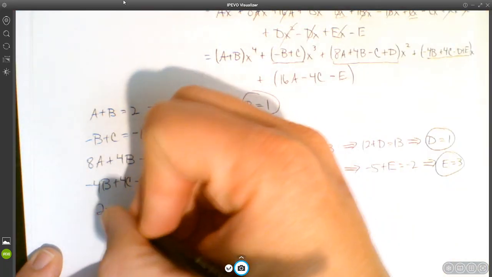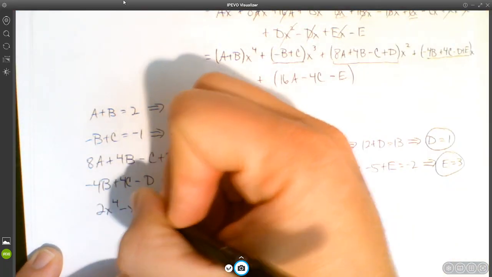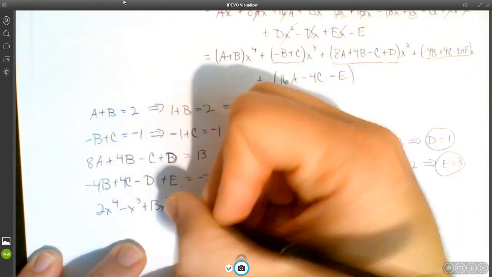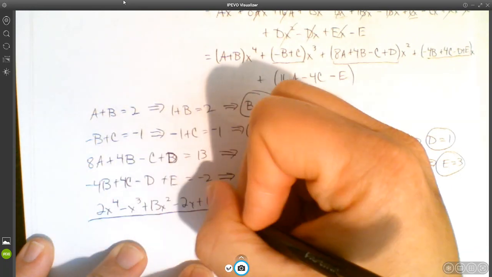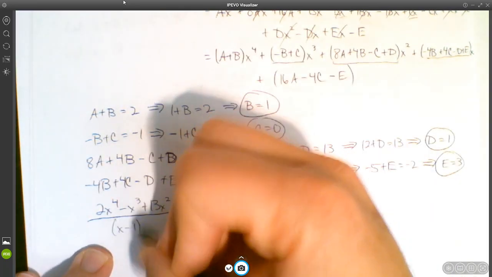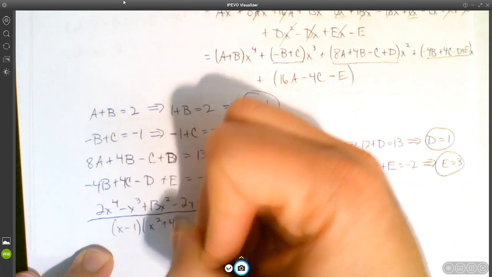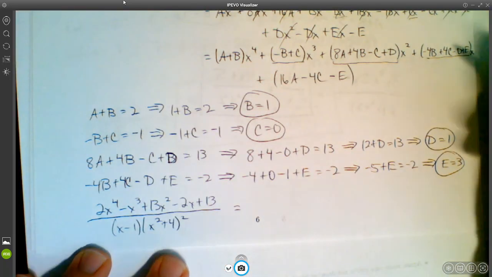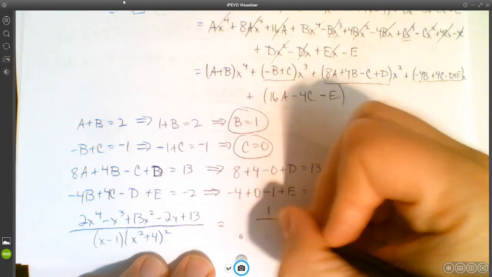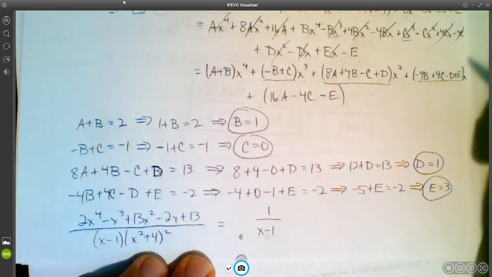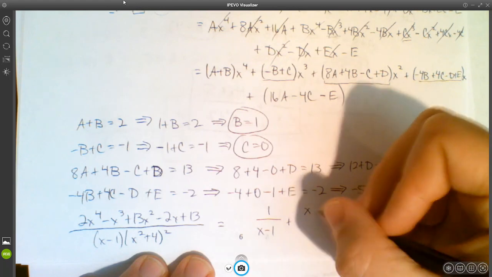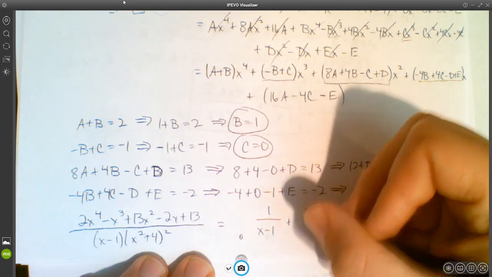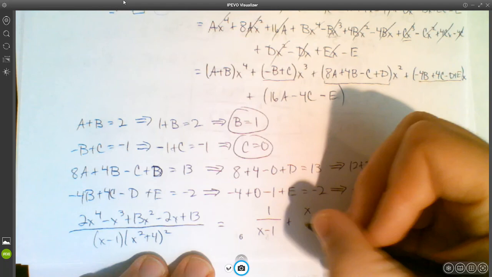So what I can say now is that the original expression, 2x to the fourth minus x cubed plus 13x squared minus 2x plus 13 over x minus 1 times x squared plus 4 squared is equal to a over x minus 1 plus bx plus c, right? b was 1 and c was 0, so this is 1x plus 0, or in other words, just x.